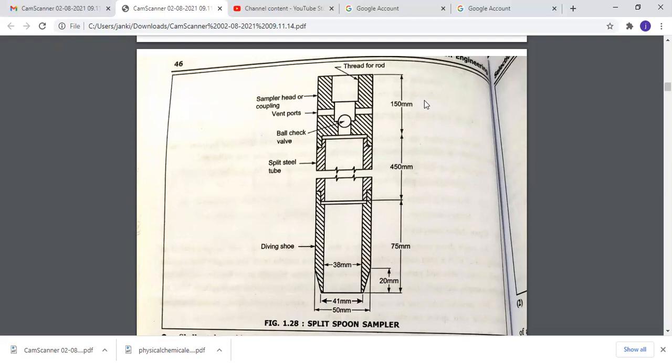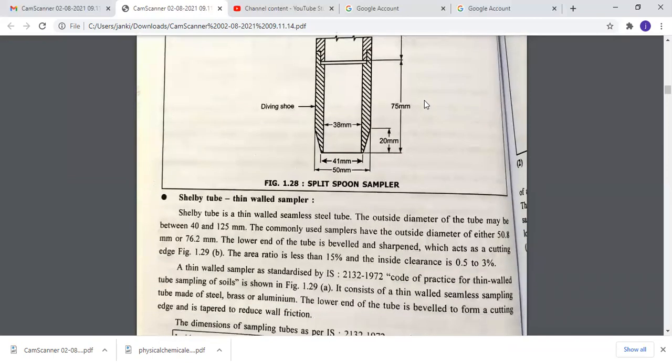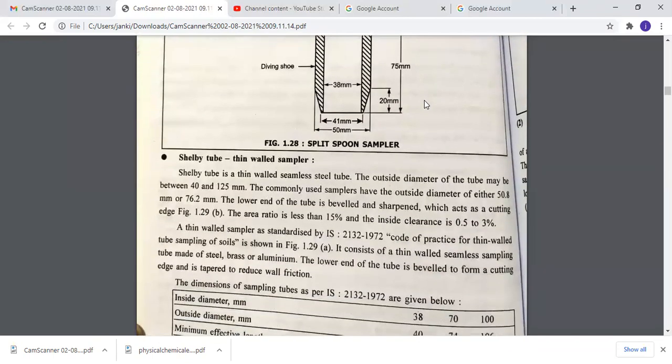It is then withdrawn, and the driving shoe and sampler head are removed. The two halves of the split tube are separated and the sample is taken off. The sample is placed in a container, sealed with wax and transported to the laboratory for testing. This is the split spoon sampler test.